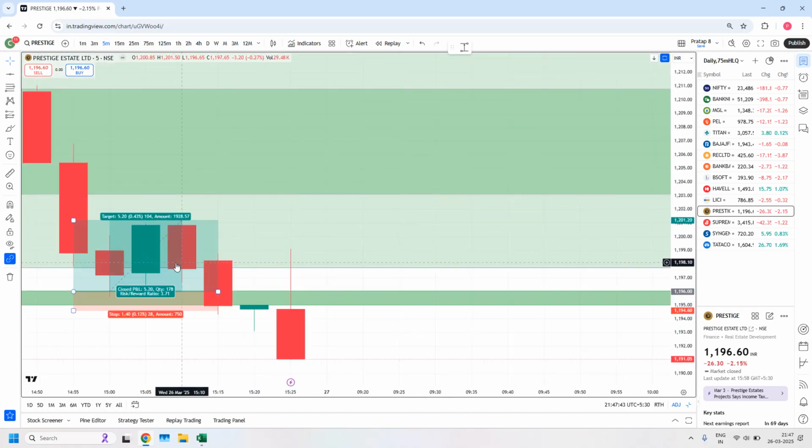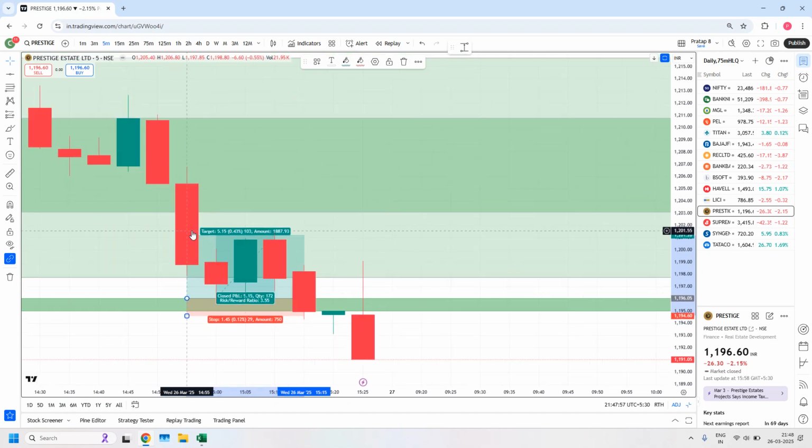See, 1:3 RR, 1:3.7, maybe a little above. Okay. You got a very good RR, it could have been a successful trade.